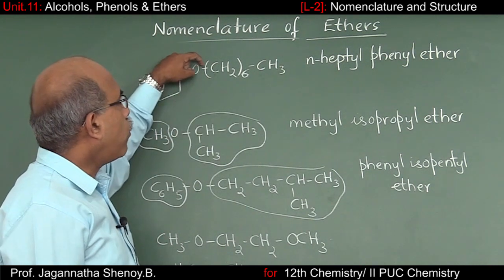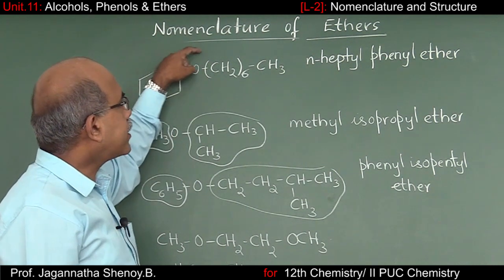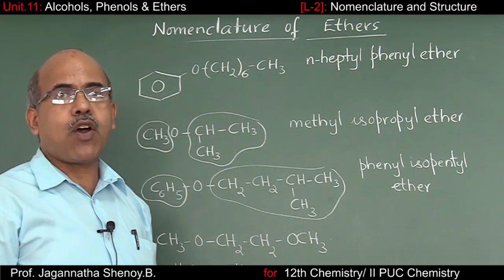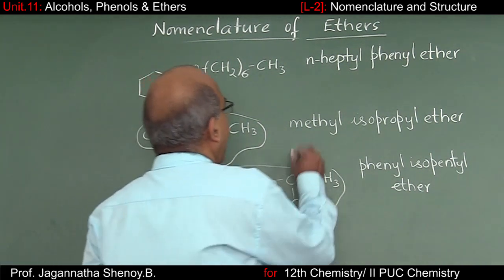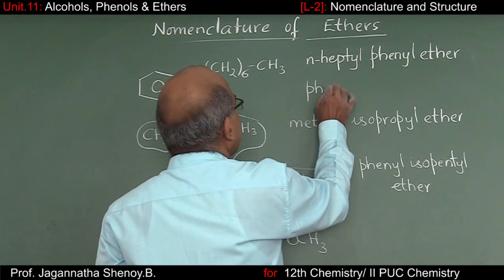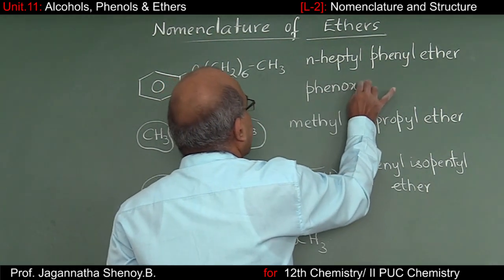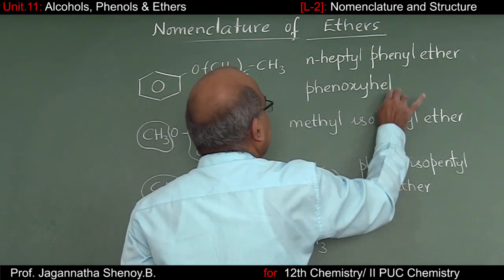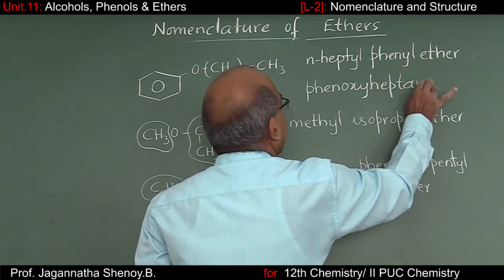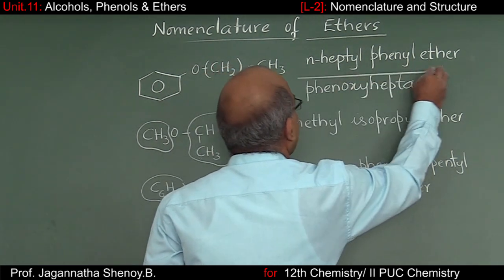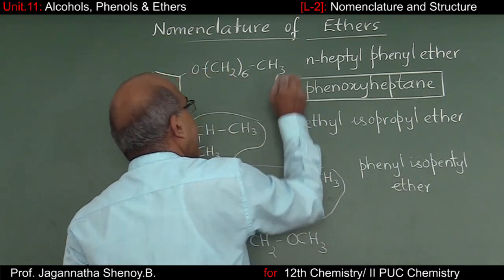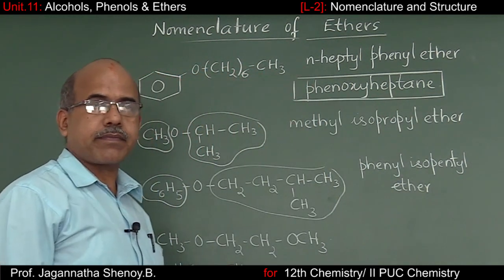So naturally, what will this group be called? It is called the phenoxy group. So what is the IUPAC name of this compound? It is called phenoxyheptane. Phenoxyheptane is the IUPAC name.